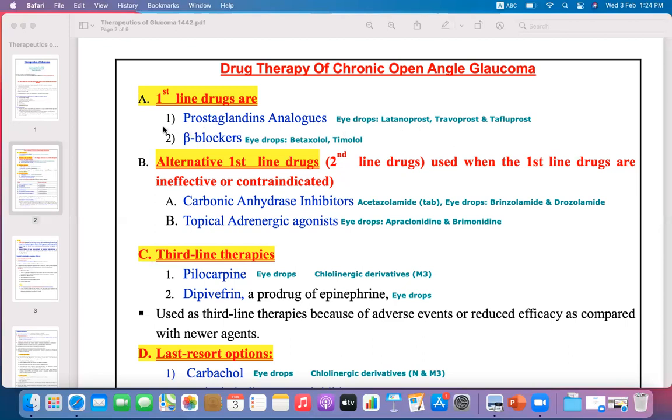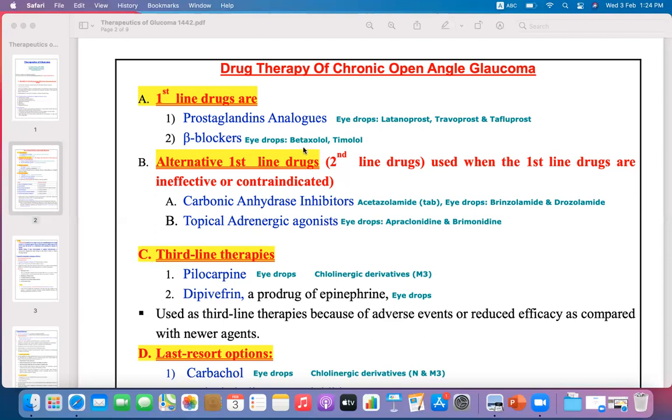So you have to start with only a single drug, a prostaglandin analog, and if the prostaglandin analog is not found useful or there is no significant reduction in the intraocular pressure, you can use beta blocker eye drops.